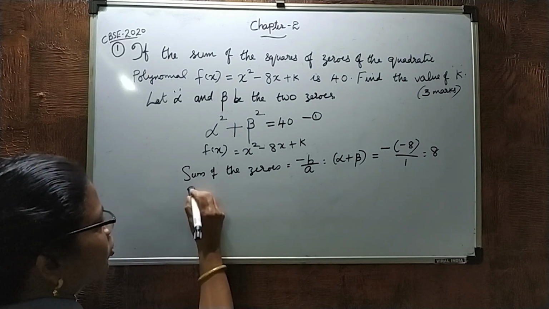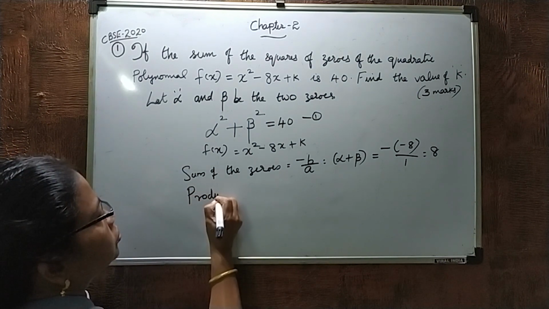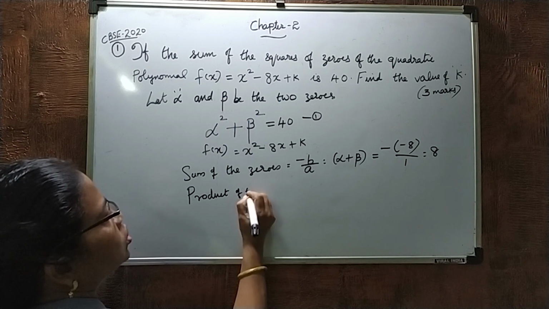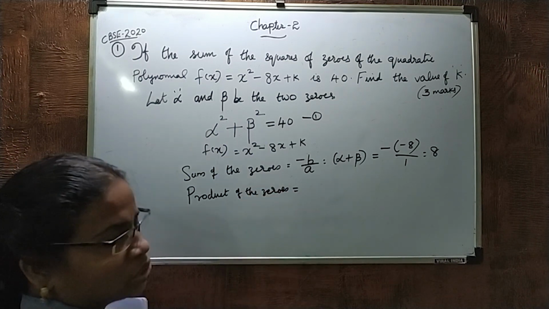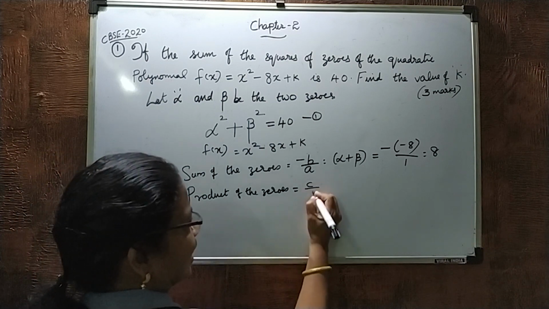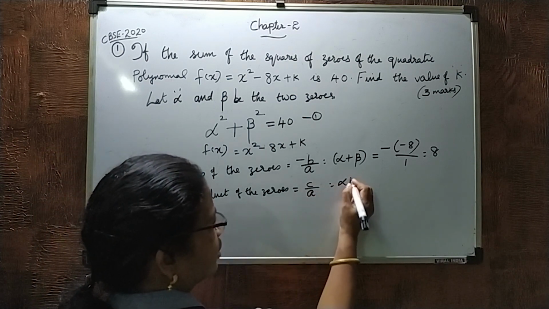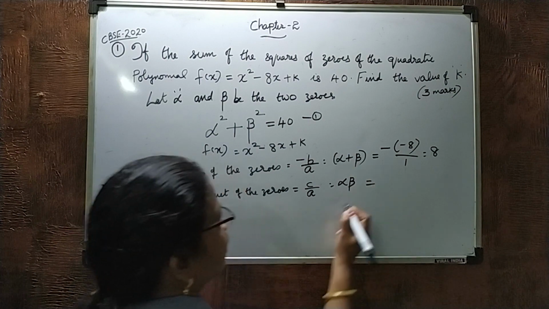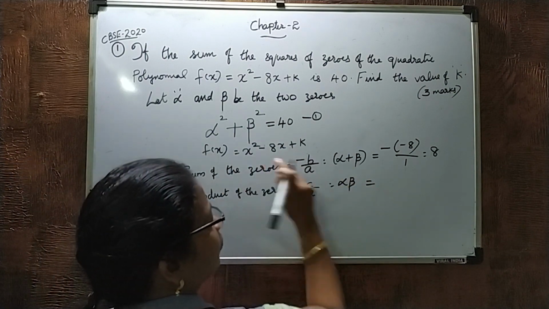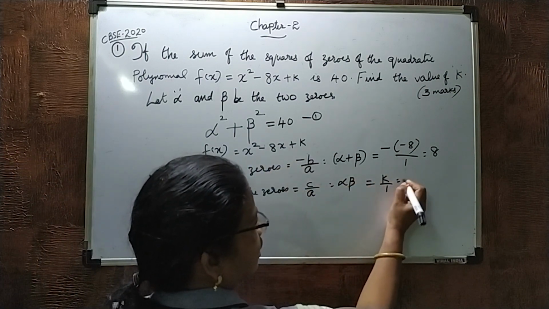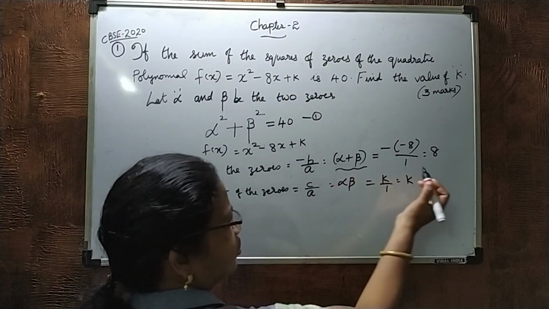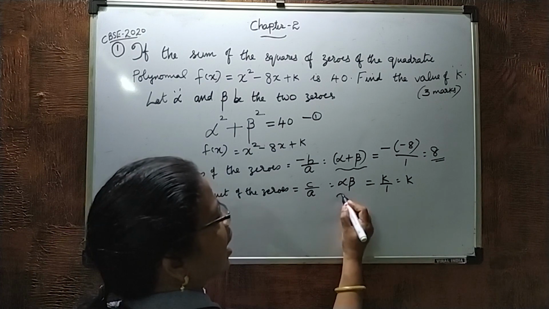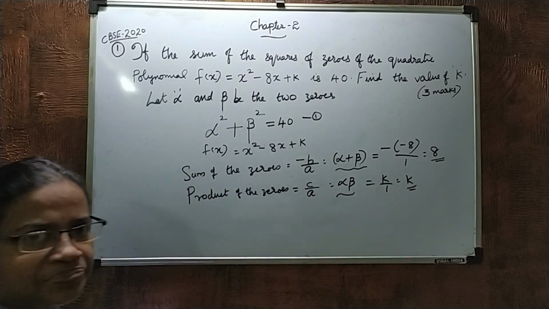Next, product of the zeros is c by a, that means alpha beta. And what is c by a? c is k, k by 1, it is k. So, alpha plus beta is equal to 8 and alpha beta is equal to k.